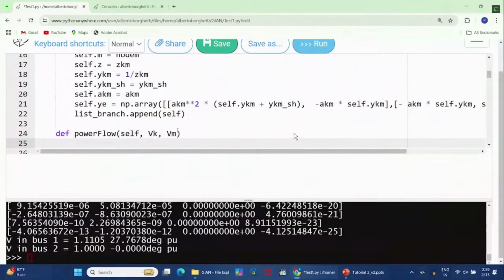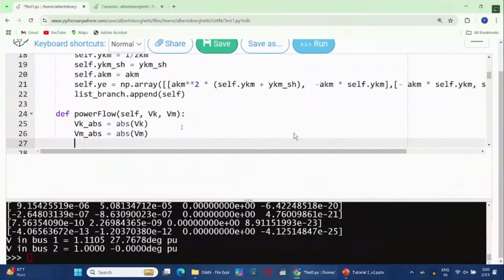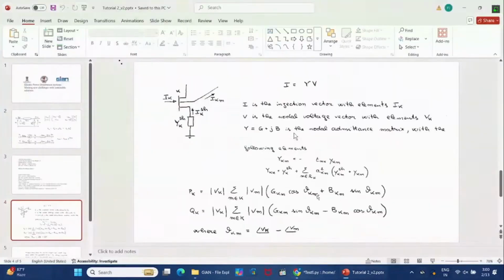I need to put a colon here to write the equation, so we are in the second indent, you see, and then I can write just that Vm, because they are complex numbers, so we can say that Vk abs is equal to the absolute value of Vk, Vm abs, I don't know why I've chosen to write in this way and not abs Vm, but you can choose other names for the variables, and then I can also define theta, because it is the difference between the two angles.